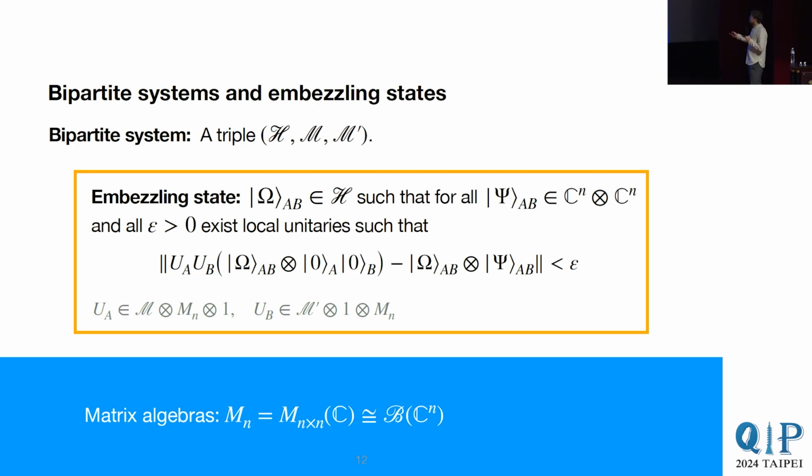So here the error really is in the unitaries. If you want to reduce the error, you have to change the unitaries, but the state omega stays the same. Okay, so this is an embezzling state.